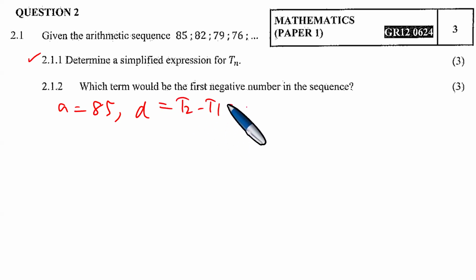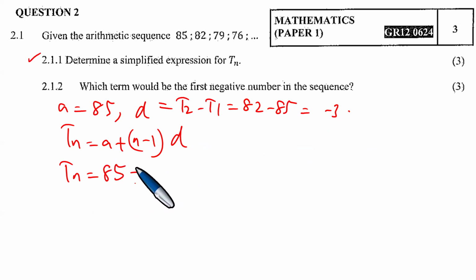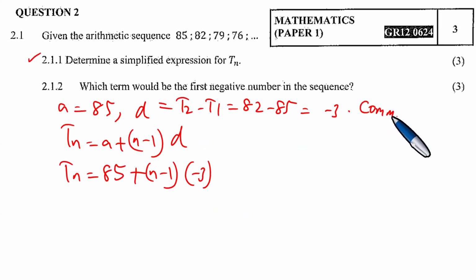So T2 minus T1 is 82 minus 85, which is minus 3. The general term is a plus (n minus 1) d, which means the first term plus (n minus 1) multiplied by the difference, which is called the common difference.